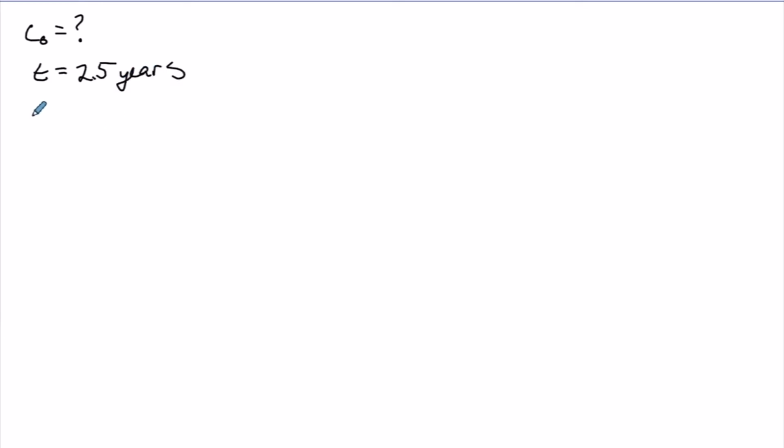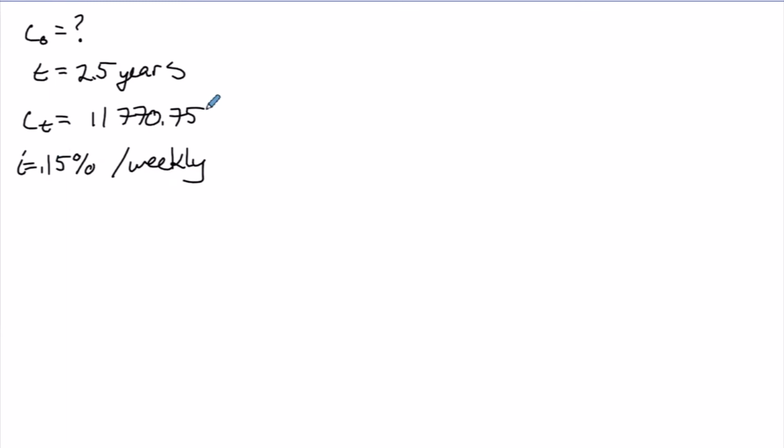The repayment of the debt, CT, so that's the final amount that we're going to repay, is $11,770.75. It's a weekly simple interest rate of 0.15% weekly. Okay, so we've got everything here.